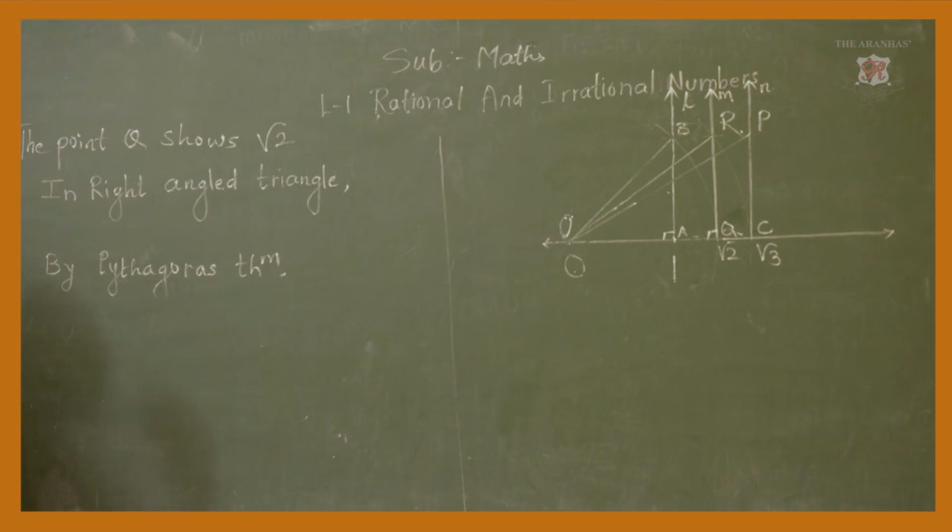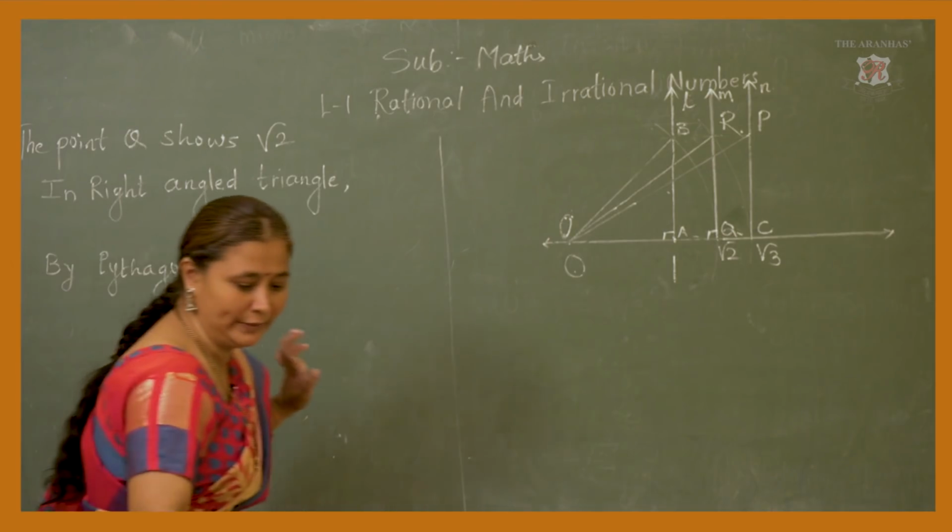Sorry. To get root 5 first we will get what? Root 4, isn't it? But root 4 is what? Root 4 is 2, isn't it? So when we take 2 on the number line, after that we will get root 5. Okay.